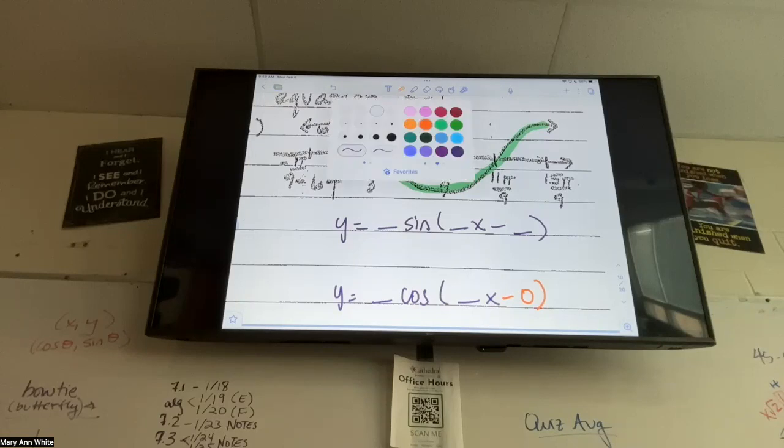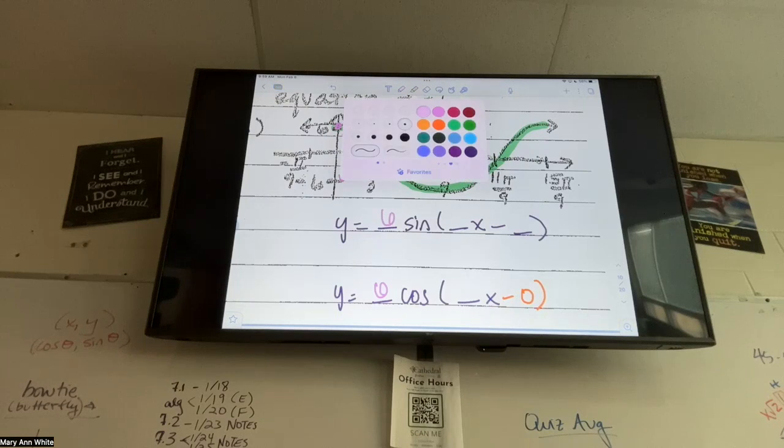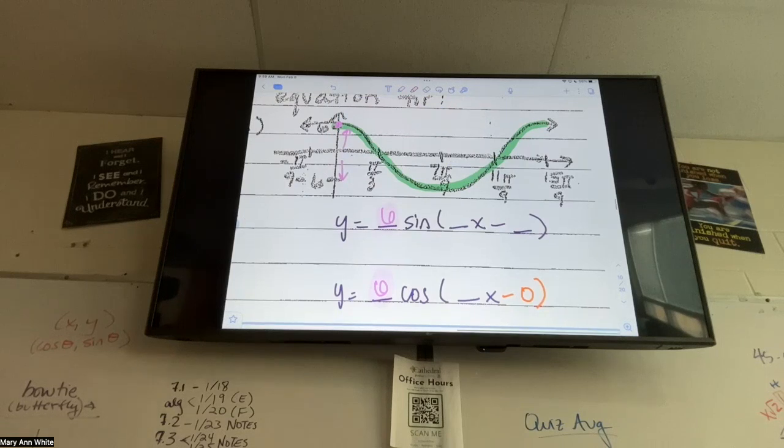Okay. Let's do our amplitude now. I think amplitude is pretty easy. How high does it go? Or what would my amplitude be? 6. Good. I know it looks like it might go past 6. Pretend like it's on the line. So my amplitude for both sine and cosine is 6. All right, now we're going to get into the period, okay? So if it starts at 0, then I can just go to where it ends.